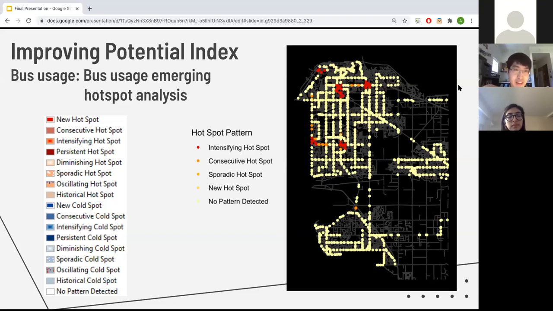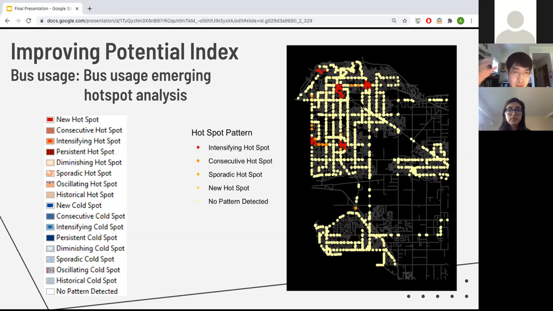That means the usage across those spots is probably the same as the global usage. And then for specific locations, you can see some intensifying hotspots or consecutive hotspots. And if you are a little bit familiar with the geography of Surrey, this is the city center of Surrey. So those hotspots tend to be the center of that particular neighborhood.